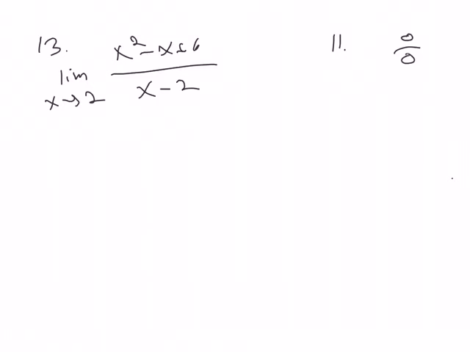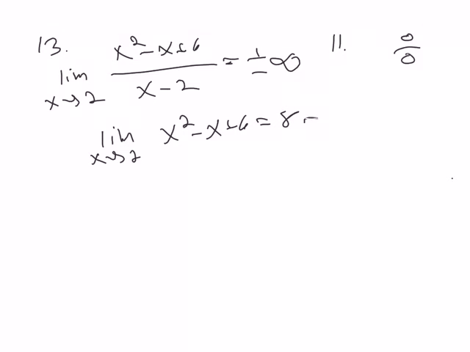Over here, the limit as x goes to 2 of x squared minus x plus 6 is 4 minus 2 plus 6, which is 8, not 0.